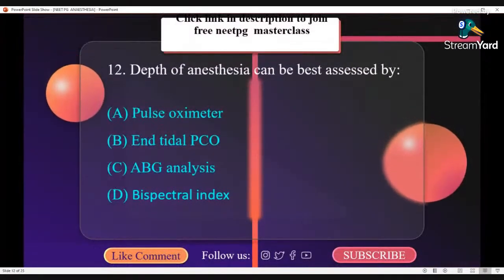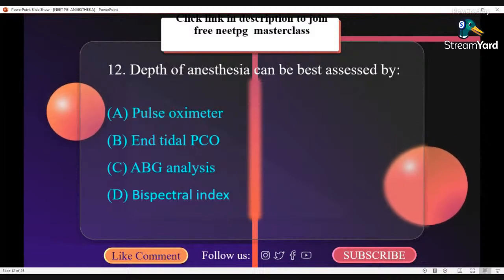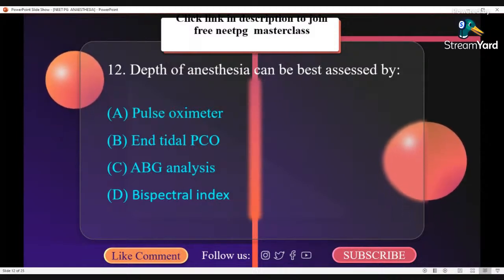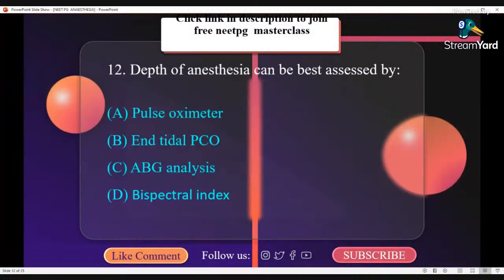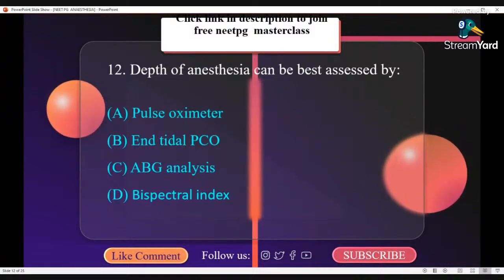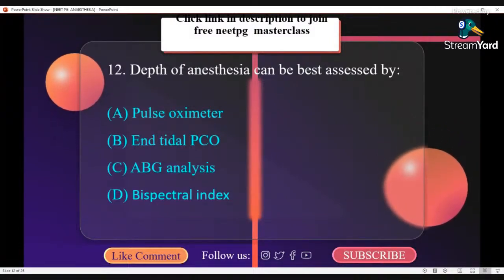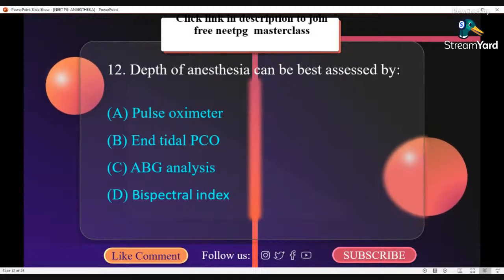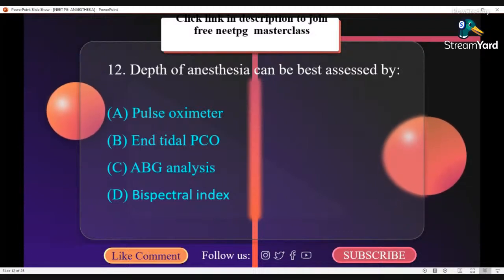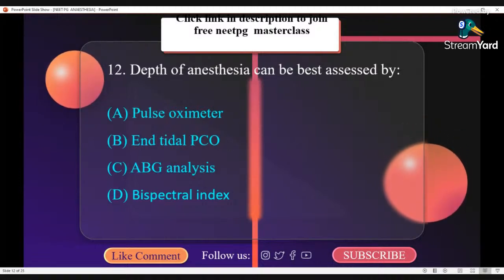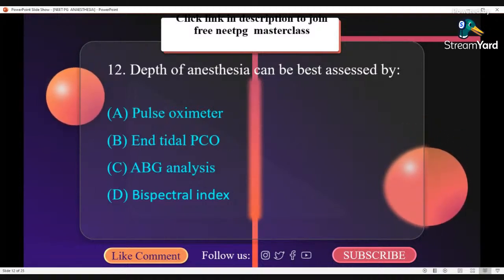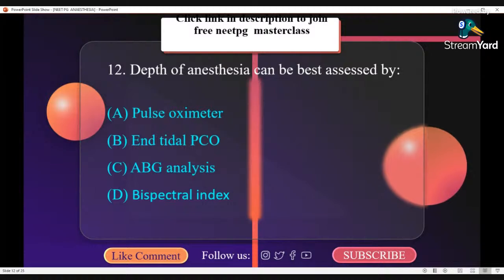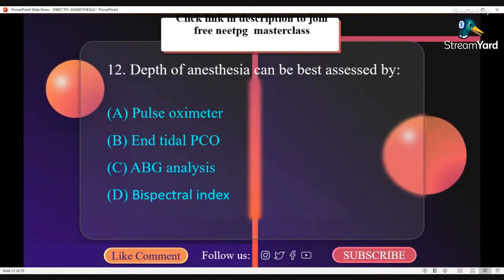Depth of anesthesia can be best assessed by A, pulse oximeter, B, end-tidal PCO2, C, ABG analysis, D, bispectral index. Now, what are the monitors that are used to assess the depth of anesthesia?